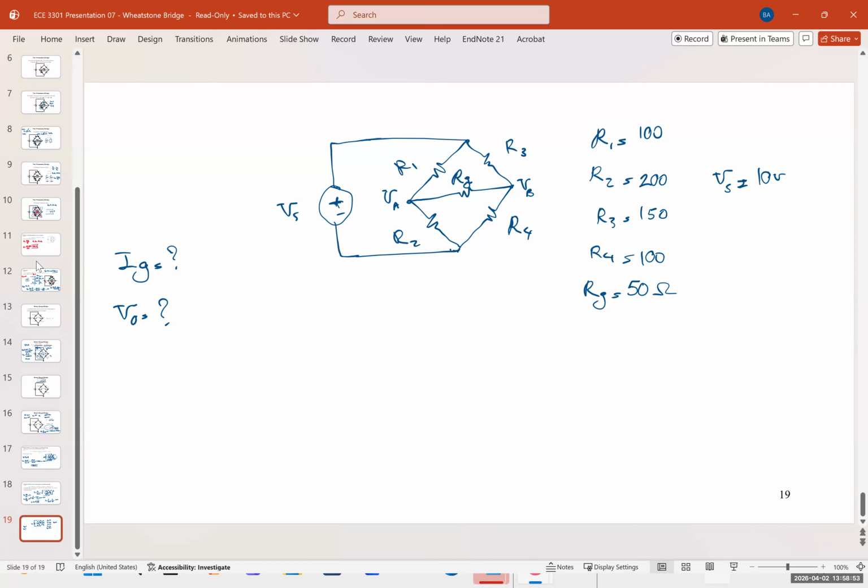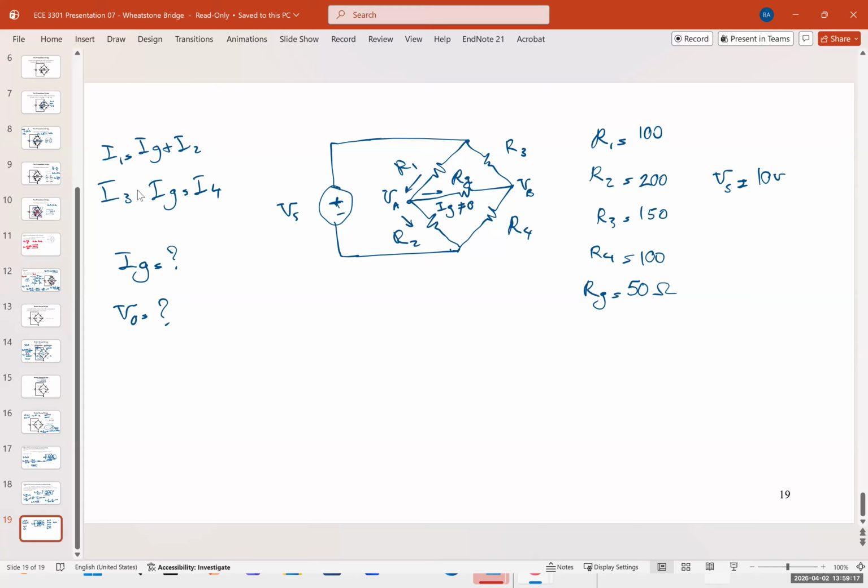So we cannot use the voltage divider at all. Why? Because we have a current passing through this. IG is not equal to 0. Therefore, I1 would be equal to IG plus I2, and I3 plus IG would give us I4.